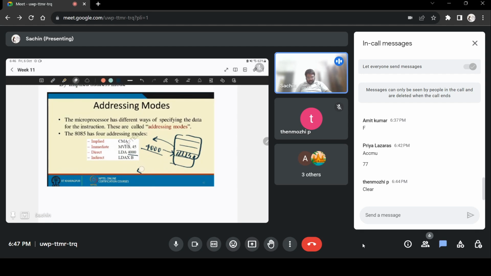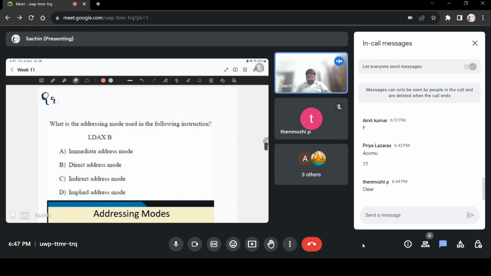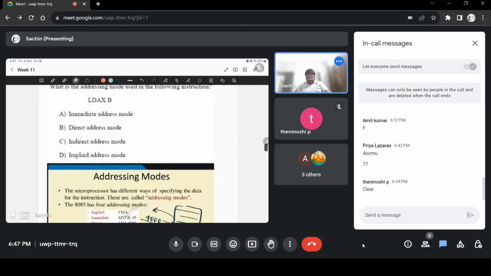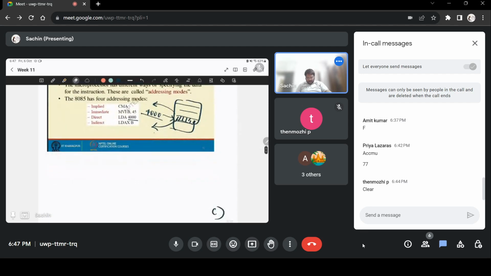Once you get the address, you have to go to that address and read the contents from that address. So it's an indirect way of accessing your data. That's why it's called indirect addressing mode. Here the instruction given is LDAX B, that's indirect addressing. So the correct answer is option C. Is that clear?